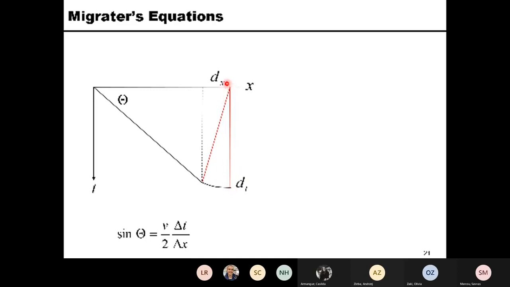So basically this is a seismic trace. After migration, this point should shift to here, migrate to here. So this is delta t, and here is delta x, okay? Horizontal shifting, that's called delta x. Vertical, always move up, that's the delta t.